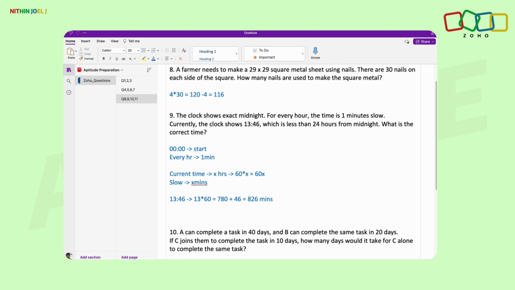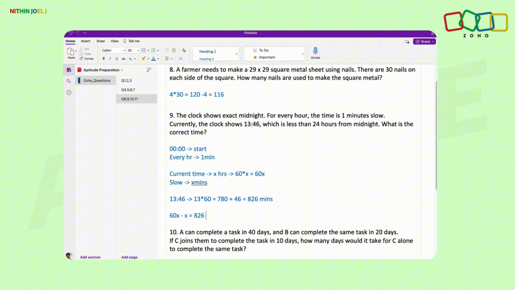Let's form the equation. Our current time is 60x, minus x, because it slows down by 1 minute for each hour. So it's decrementing, right? So minus x, which is equal to 826.